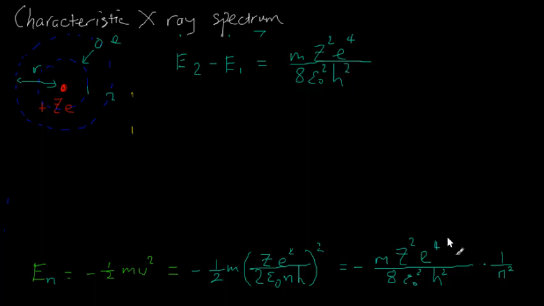And when n is 2, there's a minus sign there, I have 1 over 2 squared, minus, when n is 1, I have 1 over 1 squared. So this is what I have. And that is 1/4 minus 1, so that's minus 3/4.